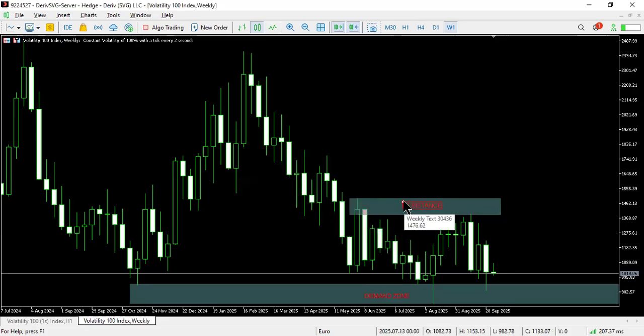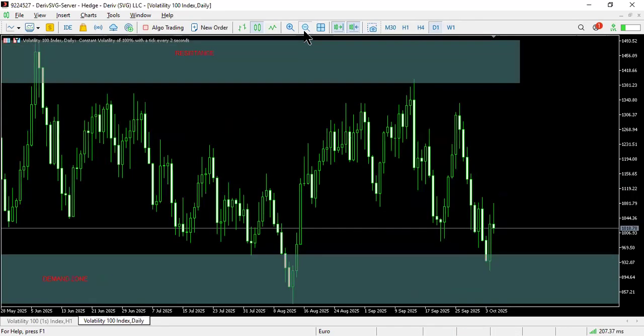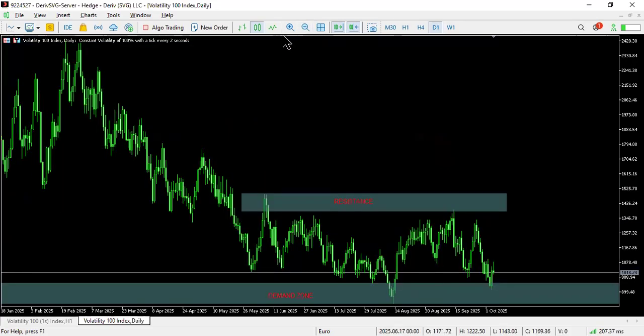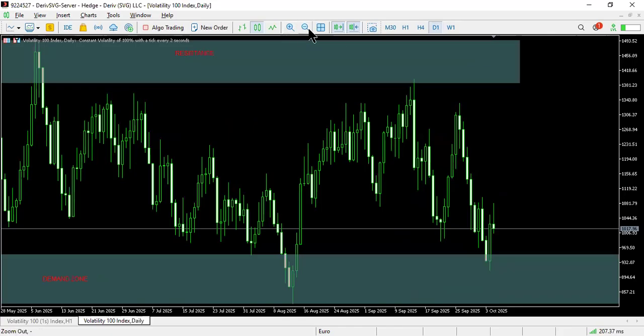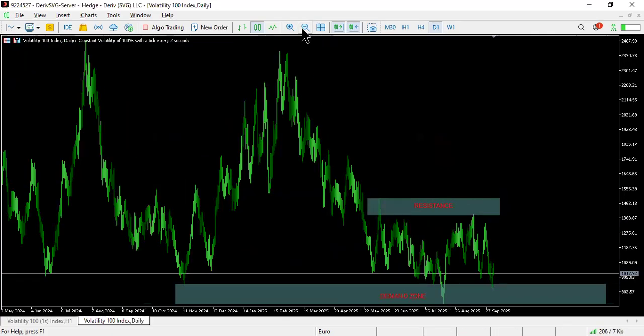So for me, when I have ranging markets like this, I generally don't like trading ranging markets because I know my strategy works very, very well with trending markets, markets that are forming higher highs and higher lows or lower lows and lower highs. So for a market like this one, I really do not like to trade markets that are ranging.